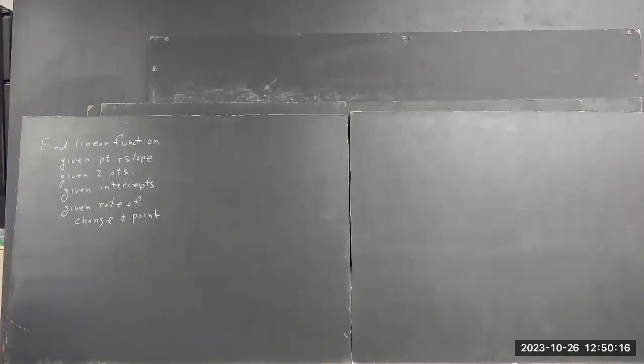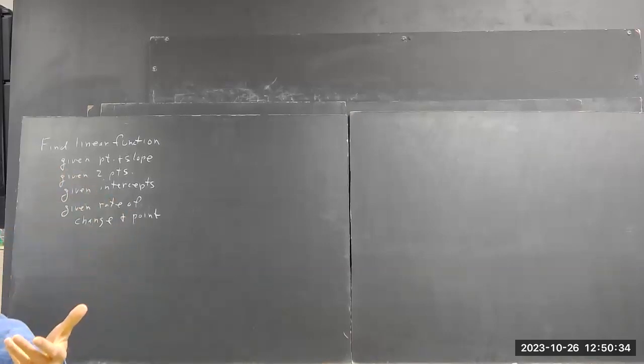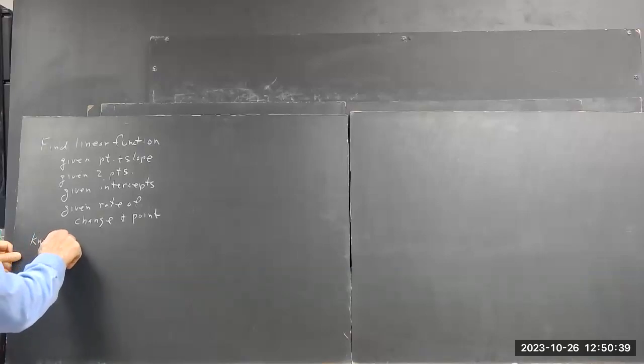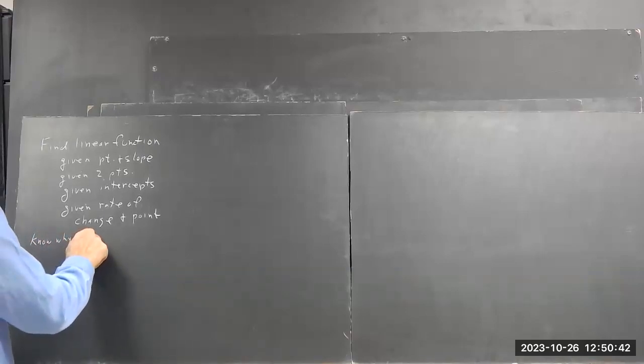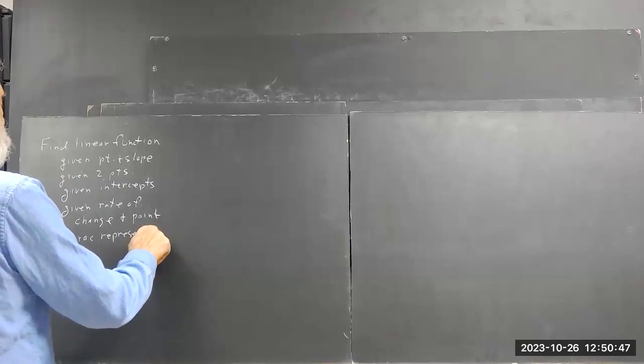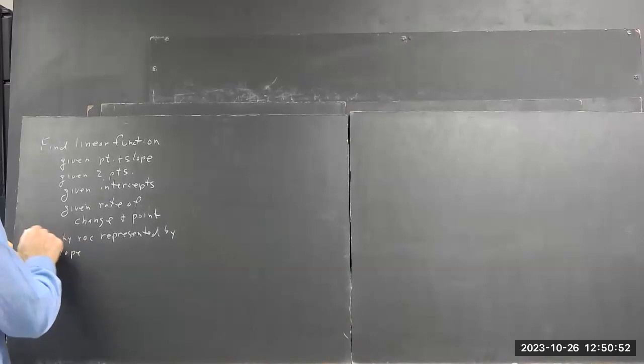I just make little notes. What do you do for rate of change? Well, rate of change is just the slope, and you should know why. Okay. So know why. Rate of change is represented by slope.